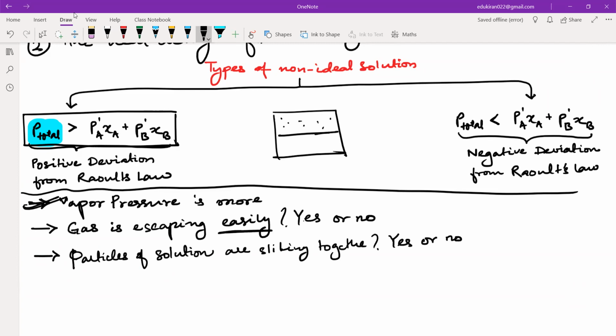Gas is escaping easily, so what does it mean? Particles of solution, they are sticking together. Yes or no? No. No. Okay. If the particles are not sticking together, now tell me what should I ask next? This is also a question for you: what will be our next question? Sir, IMF is very good. What will be our next question? Our next question will be IMF.